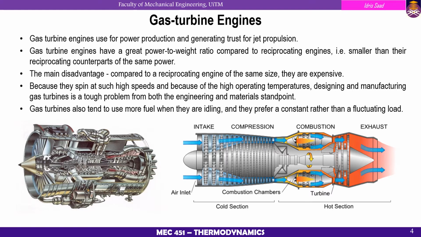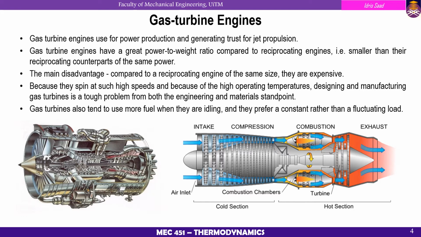The gas turbine engine has a very great power to weight ratio as compared to the reciprocating engine. For example, it is smaller than its reciprocating counterpart of the same power.